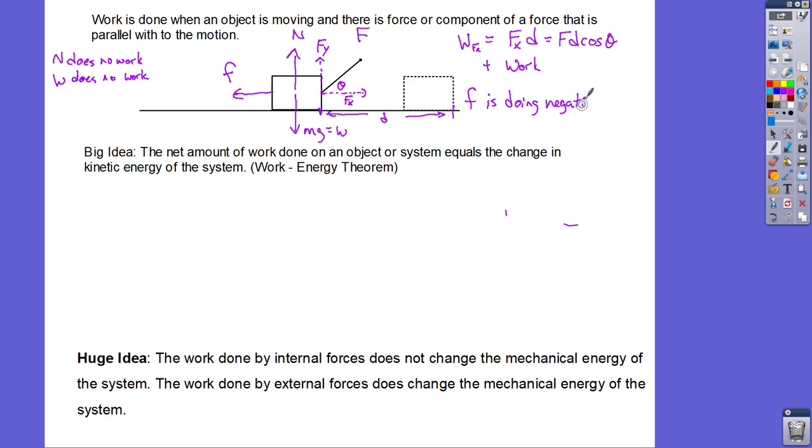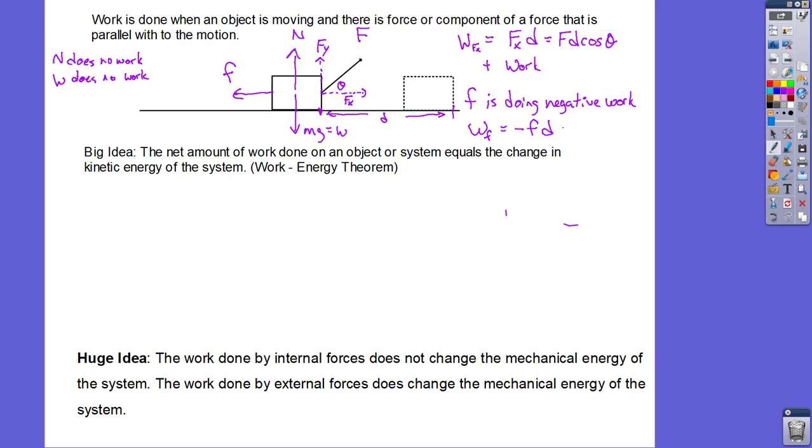If you think about pulling a box along with friction, friction is working against you. It's doing work, but in the opposite direction. So the work done by friction would equal minus F times d.